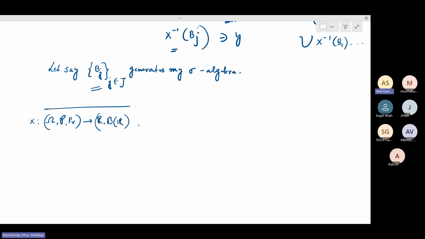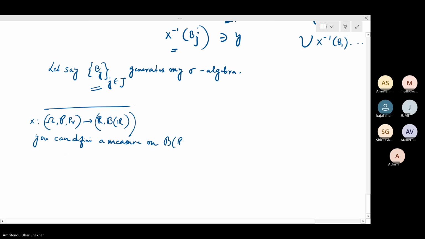Then you can define a measure on BR as follows.